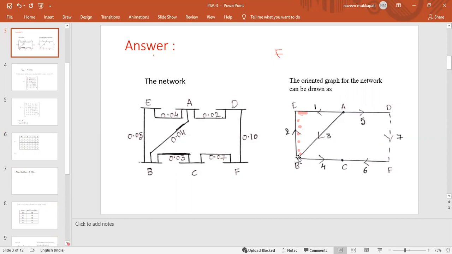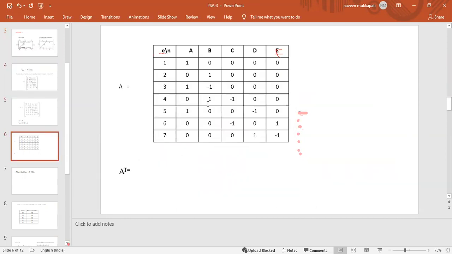Away from a node means we consider +1, and towards a node means we consider -1. The fourth element is towards the C node, that's why we consider it as -1.